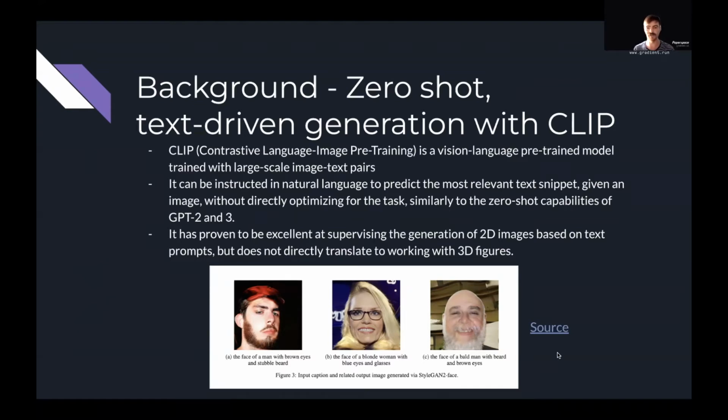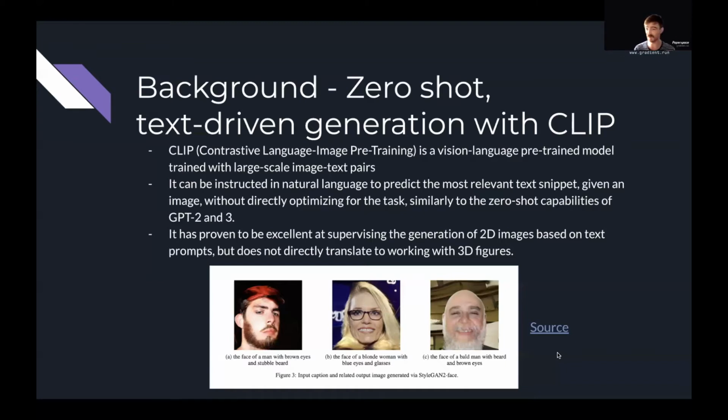And it's a vision language pre-trained model trained with large-scale image text pairs that allows for zero-shot text-driven image generation. It can be instructed in natural language to predict the most relevant text snippet given an image without directly optimizing for the task, similarly to the zero-shot capabilities you might see in some of the more popular NLP algorithms like GPT-2 and 3, or Neo-X, whatever they're on now.